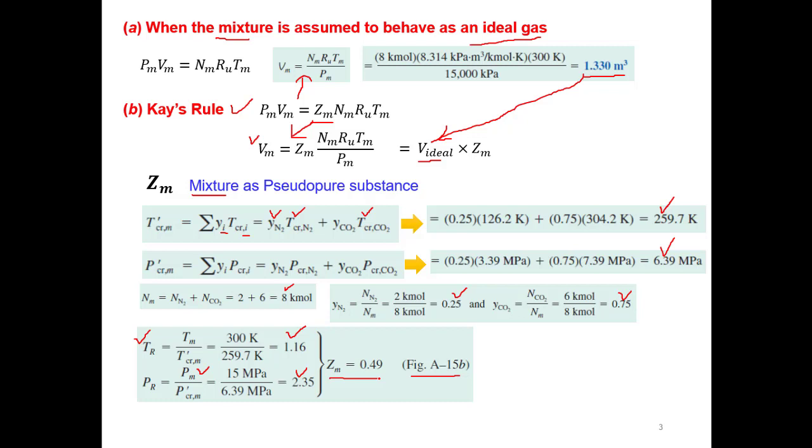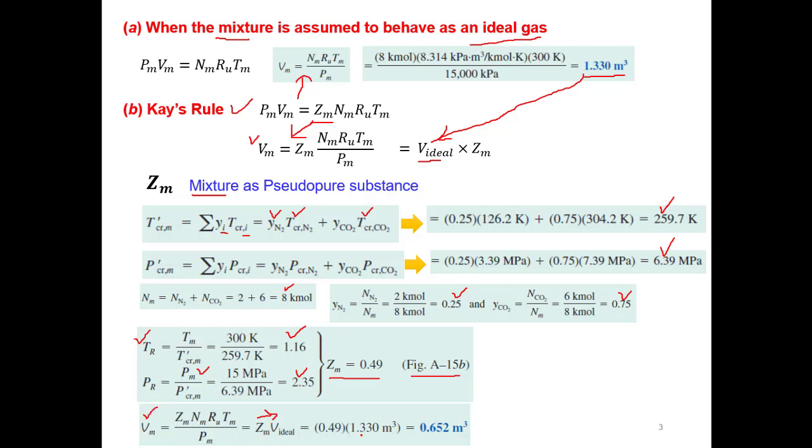So now we can calculate the real gas volume, that is Vm, which is equal to Zm times the ideal gas volume. That means the Zm value basically gives you a factor of what percentage of the ideal volume is the volume of the real gas.